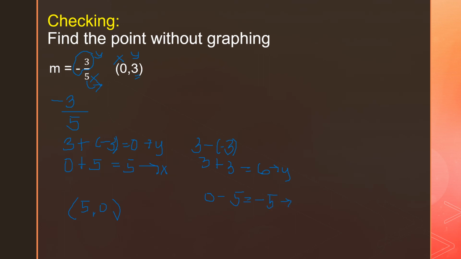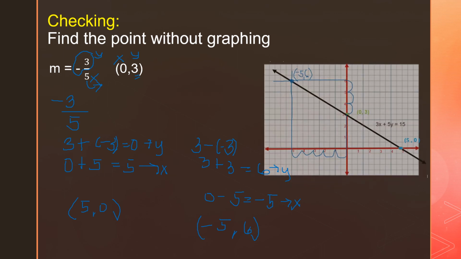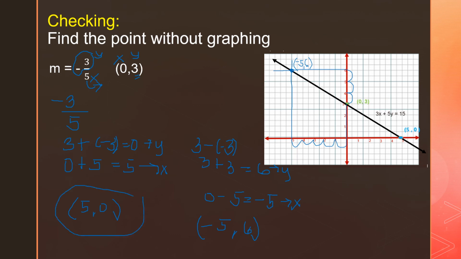This is the x. So the point is negative 5 and 6. Let us check if we had the correct points in our graph. 5, 0. So we have here the 5, 0. And negative 5, 6. This is our negative 5, 6.